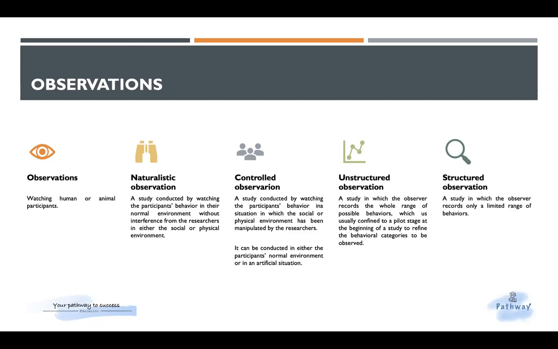However, with a structured observation, only the behavior studied is narrowed to a set of behaviors. So basically, specific activities to be recorded are clearly defined in behavioral categories. Okay. Clear?